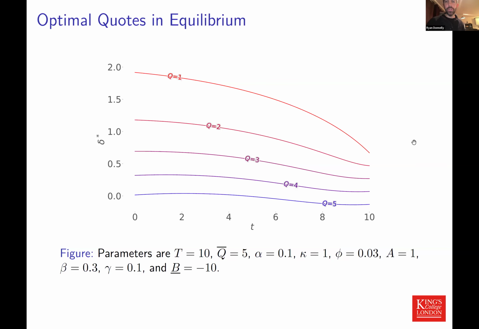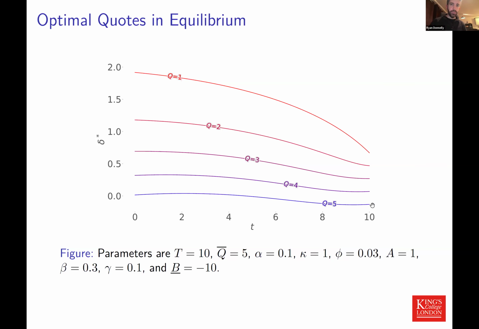This is mostly a reflection of the urgency of agents to liquidate their shares. When you have a large number of units remaining, so Q is large, you're incentivized to set a low price in order to avoid the riskiness associated with price changes and also the possibility of your inventory expiring worthless or subject to some kind of penalty.